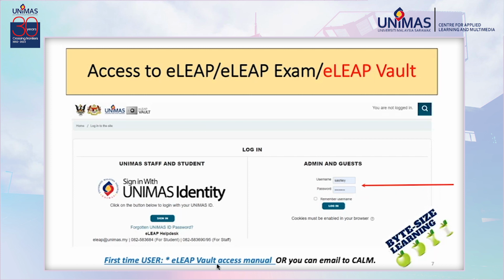If you're accessing the Vault for the first time, you need to register with CAM. You can call their help desk, and they will help you with the registration if you have any problem. Once you've got your password settled, you can log in quite easily using the admin and guest route.